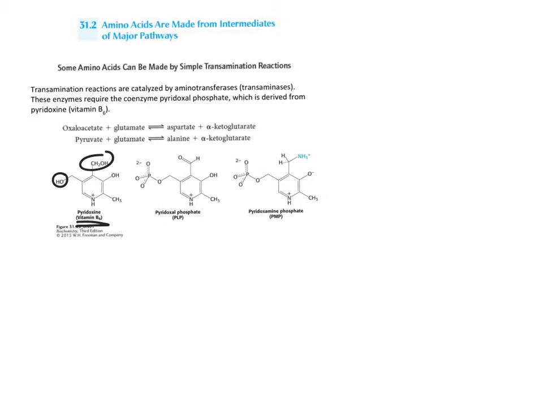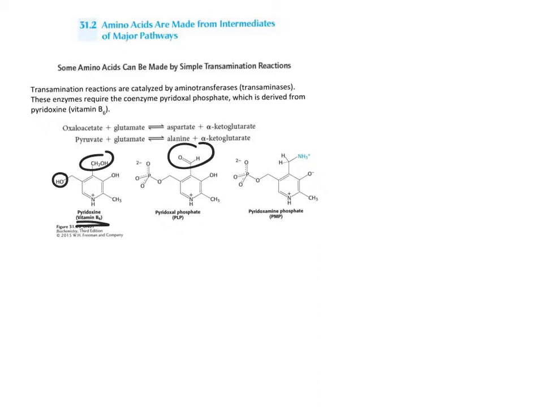This really is just involved in binding to the enzyme active site. And the part that we really care about is this aldehyde here. This is going to act as an electron sink, something we can use to move amines from one side to another.